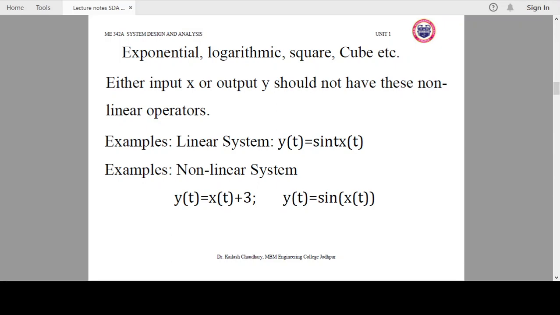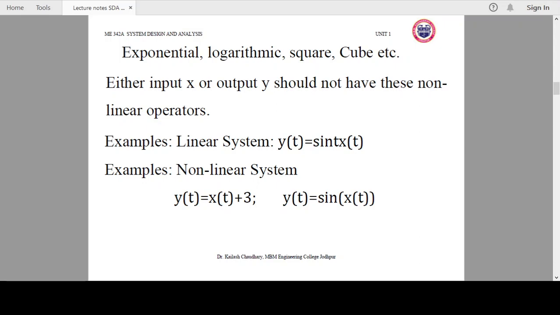Now we'll try to understand this with an example. Two examples are shown on the screen right now. One is for the linear system, where the equation is y(t) equals sine t times x(t), and the second example is for the non-linear systems, where you have two different equations. You can easily understand that if you put x equals 0 and your y is 0, that is a linear system.